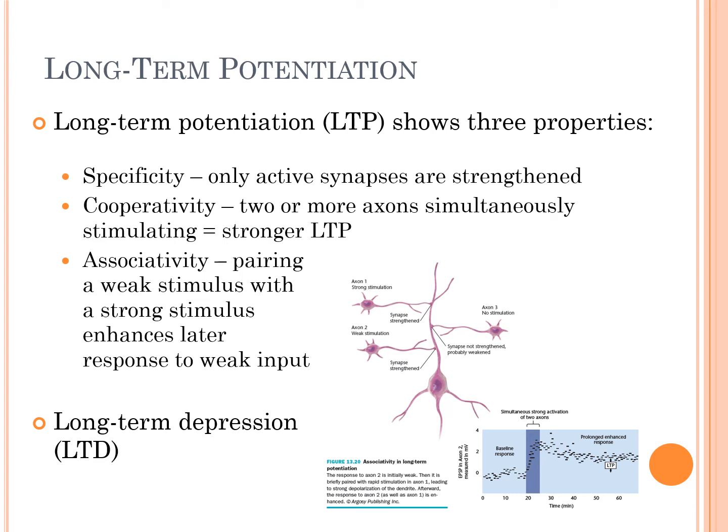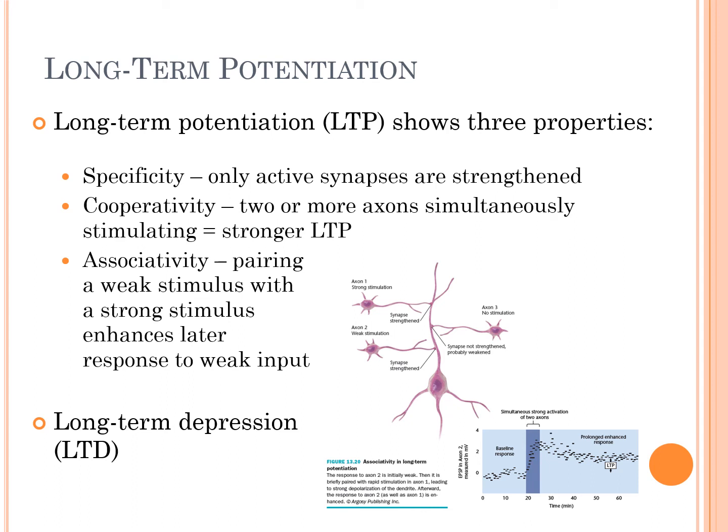And so now we're seeing two neurons, axon 1 and axon 2, communicating to the postsynaptic neuron, and we're going to have a really strong response because I'm getting a puff of air to the eye and I'm going to blink. And so, by specificity, axon 1 and axon 2 are both synapses that are being used.